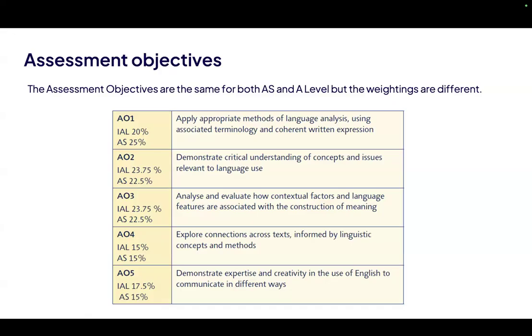But not only that, it is using associated terminology and coherent written expression. And that's really important because if students just say the text is about something, they're not using the terminology that is expected of them, they're not going to hit the higher bands. So the terminology needs to be accurate and it needs to be relevant. That will give the candidates, as I say, access to those higher bands.